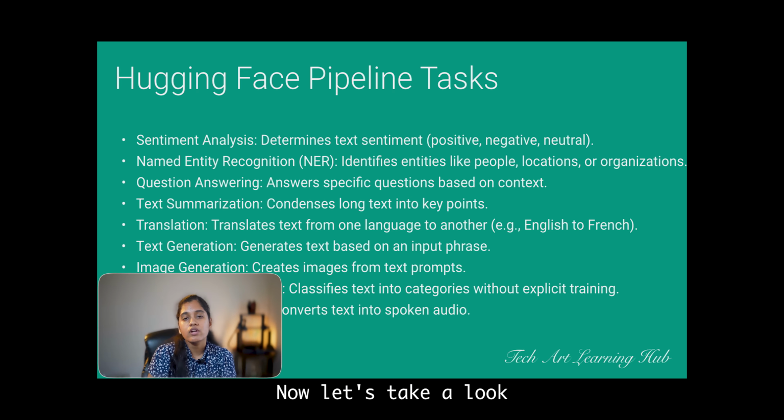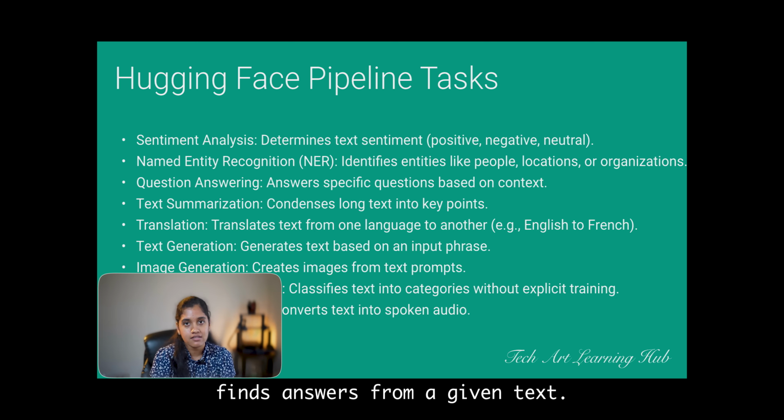Now let's take a look at a few of the key tasks the pipeline API supports. Sentiment analysis. It determines if a text is positive, negative, or neutral. Named entity recognition. It identifies names, locations, and organizations in a sentence. Question answering.